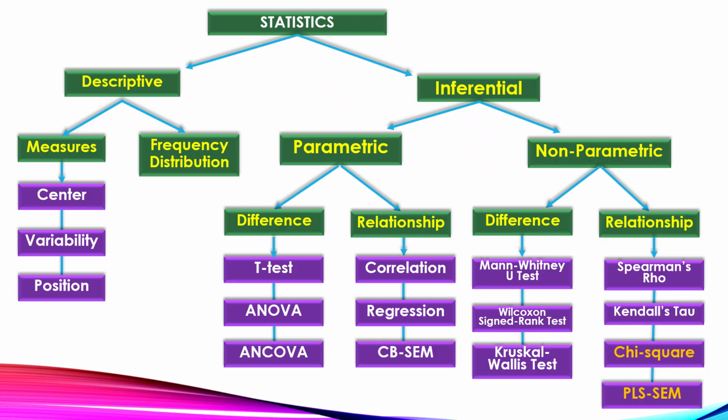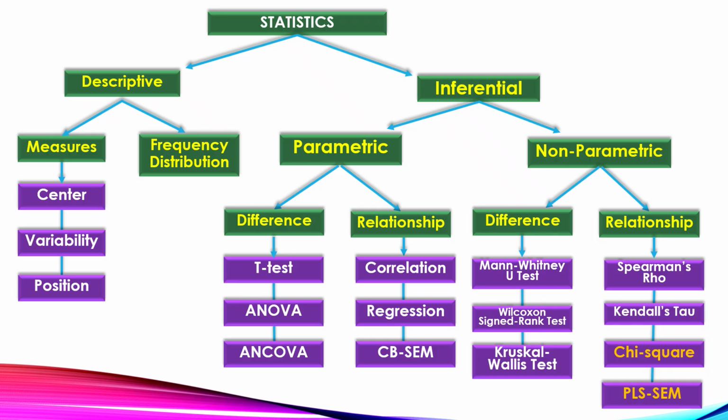While the partial least square SEM, or structural equation modeling, is considered non-parametric because it doesn't require normality, but it doesn't change the data into ranks. So you don't worry using the PLS-SEM. I would suggest still to use the covariance-based SEM if you meet the requirements or the assumptions, like the normality, like the number of samples, because you need a lot of samples.